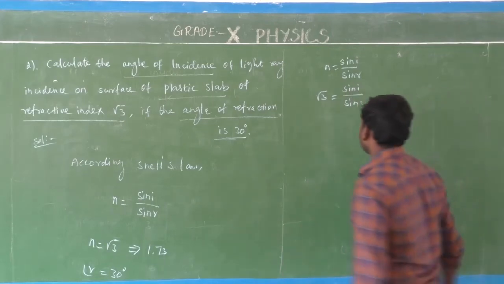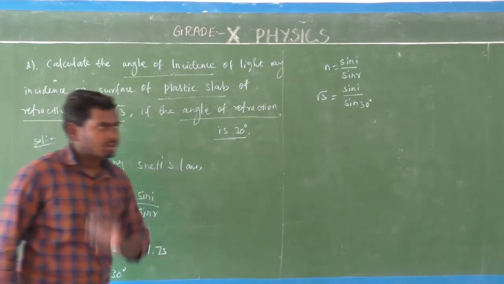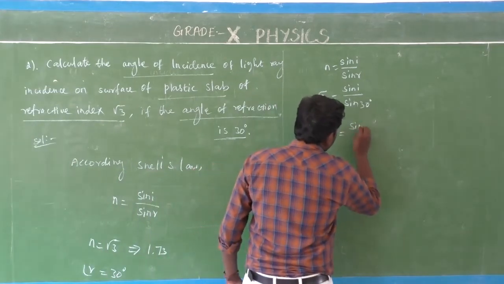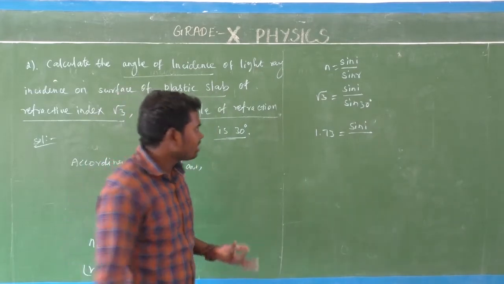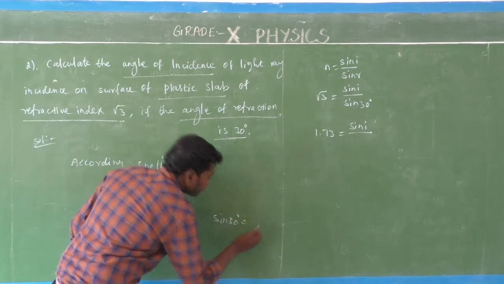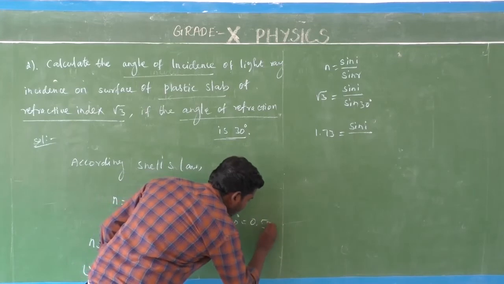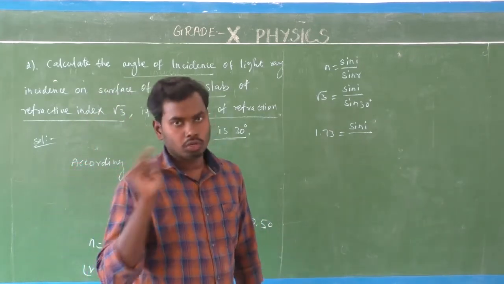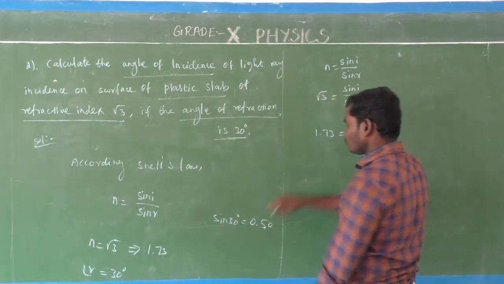Here the √3 value is 1.73. Substitute this value here. 1.73 is equal to sin i divided by sin 30 degree. What is the sin 30 degree value? That is equal to 0.50. Substitute this value here.